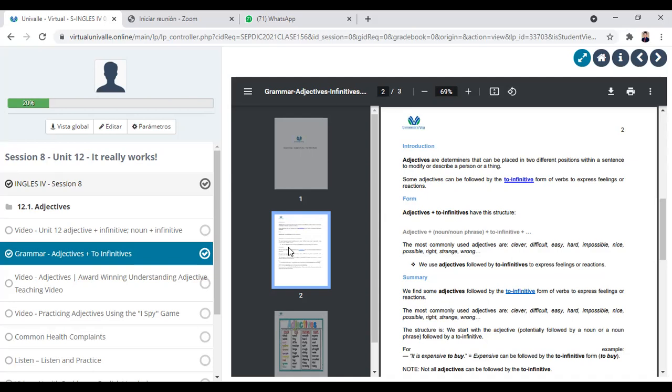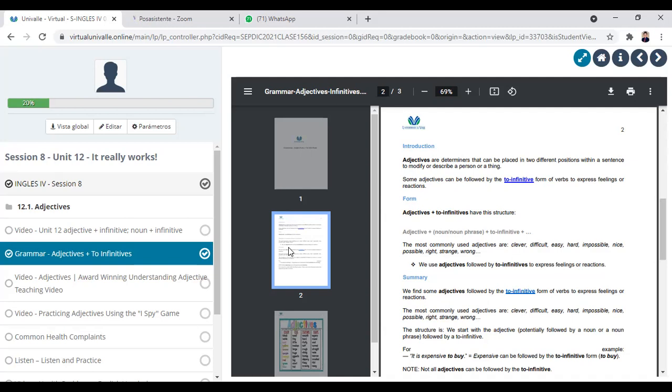Form: adjective plus to infinitive has this structure: adjective plus noun, noun phrase, plus to infinitive. The most commonly used adjectives are clever, difficult, easy, hard, impossible, nice, possible, right, strange, wrong. We use adjectives followed by to infinitives to express feelings or reactions.